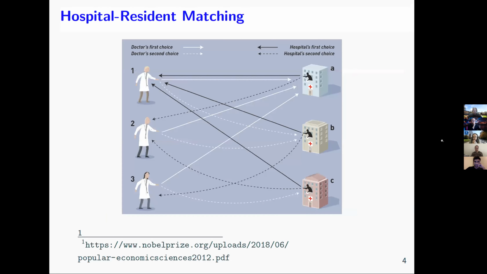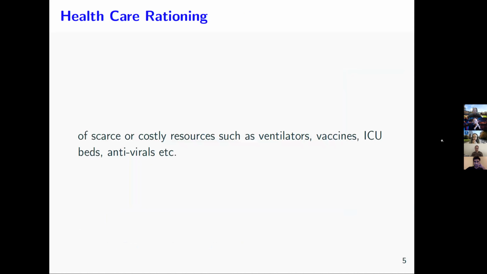And an even more classical application is that of matching hospitals to doctors via the famous deferred acceptance Gale-Shapley algorithm. So in this particular project, we'll be focusing on healthcare rationing, as I said earlier, and we'll be focusing on allocation of scarce or costly resources such as ventilators, vaccines, ICU beds, antiviral medicines, and so on.